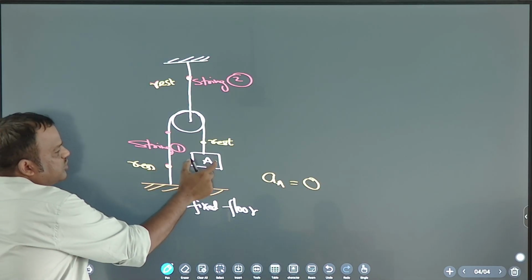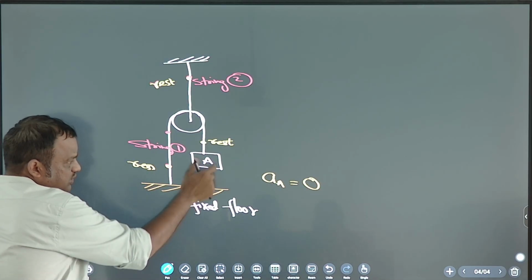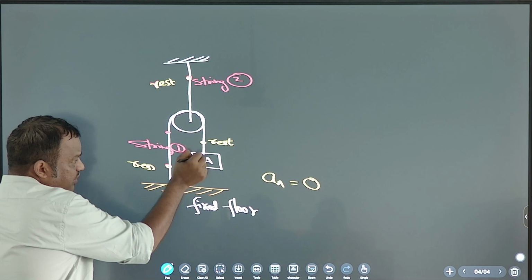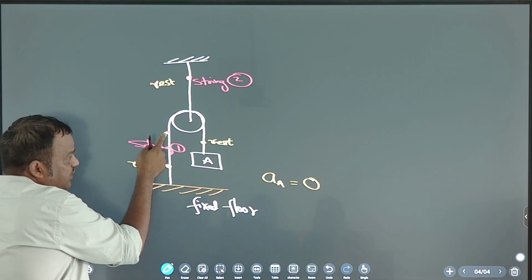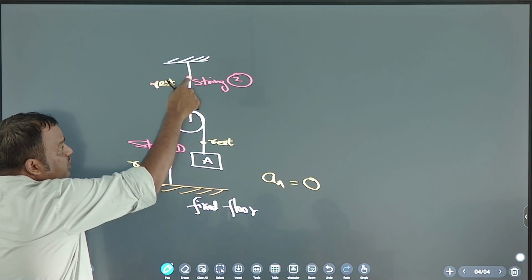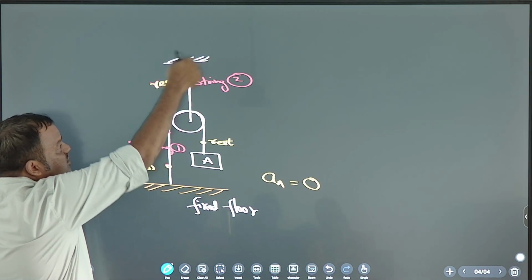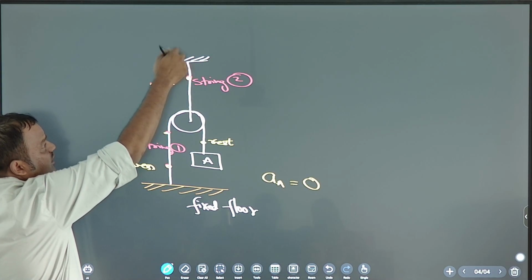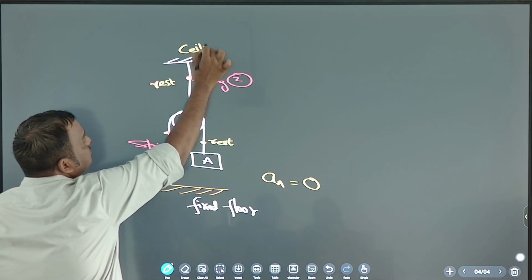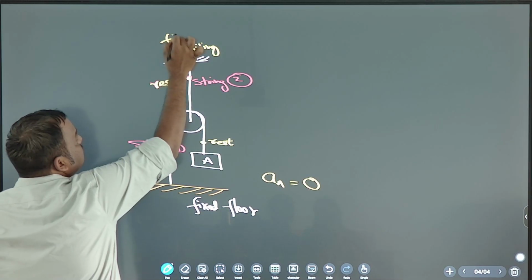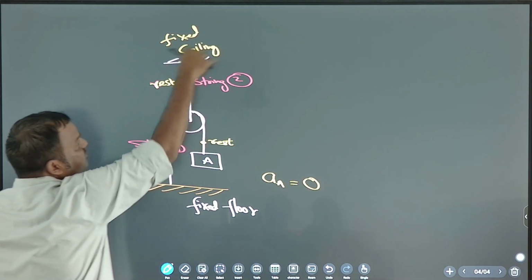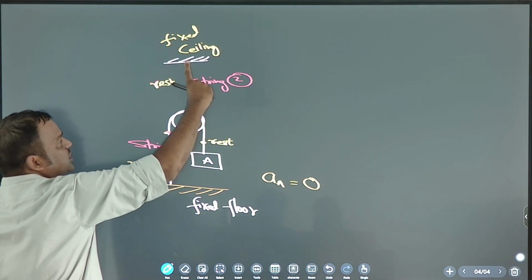Suppose it is going down. So this point is going down and this point is at rest. So this point will also go down, but it is fixed. This point is connected here. Ceiling is fixed, so this portion of the string is fixed.